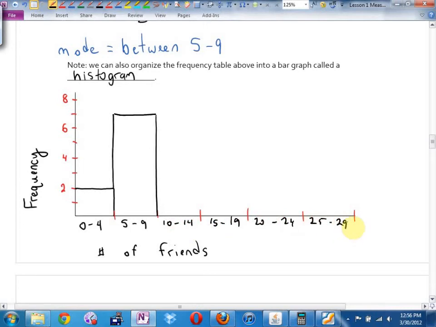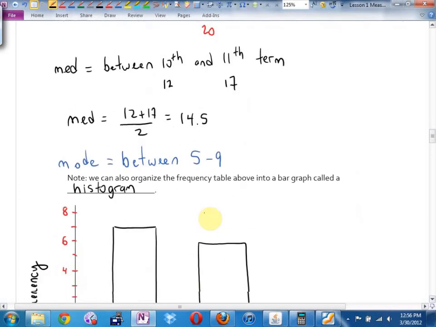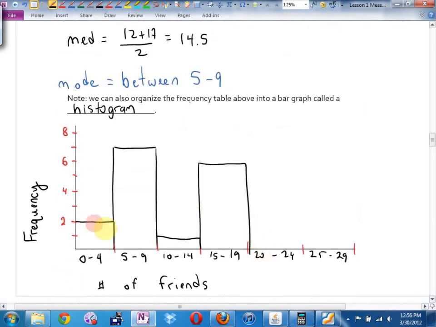What was the 10 to 14 frequency? So I'll do the bar 1 high. Devin, what was the 15 to 19 frequency? 20 to 24 was 2 and 2. Oh, okay. 2.